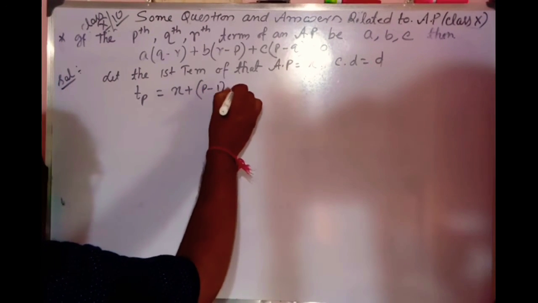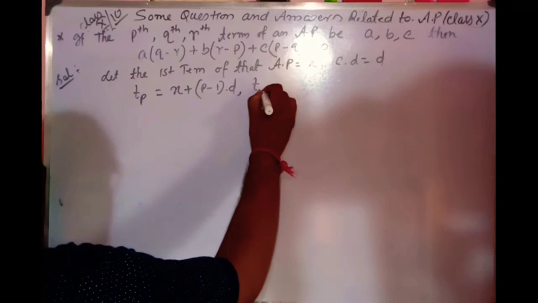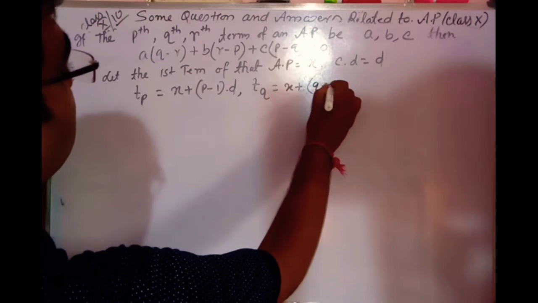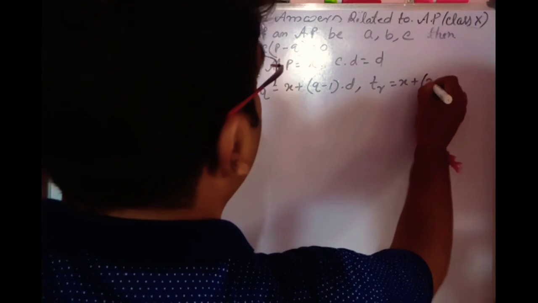So the pth term Tp is equal to x plus p minus 1 into d. Tq is equal to x plus q minus 1 into d, and Tr is equal to x plus r minus 1 into d.